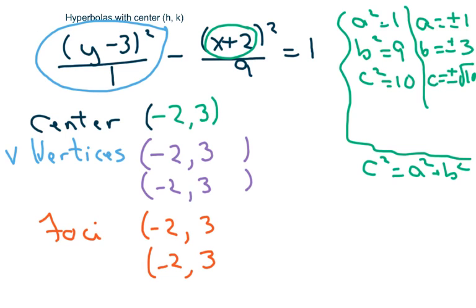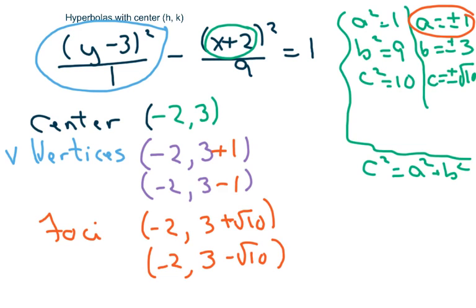So the vertices, what I'm adding is my a. So I'm adding 1 and subtracting 1, the plus and minus 1. For my foci, I'm adding my c, which is plus square root of 10, and minus square root of 10. And that's the information. I can rewrite this as negative 2, comma 4, and negative 2, comma 2.